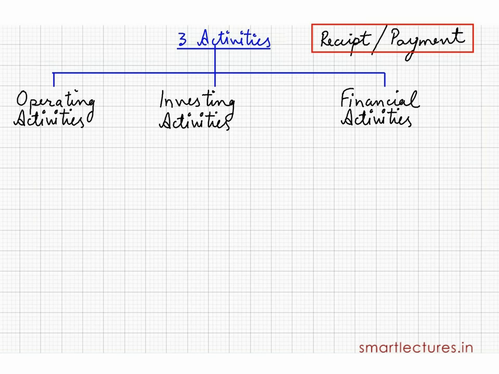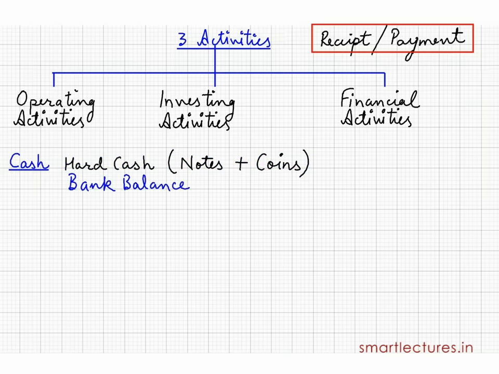Now the thing is, what is the meaning of cash? In literary sense, all hard cash, I mean to say notes and coins, they are called cash. But nowadays, in the modern world, in our businesses, cash doesn't mean notes and coins. It also includes bank balance, etc. And moreover, we also include cash equivalent.